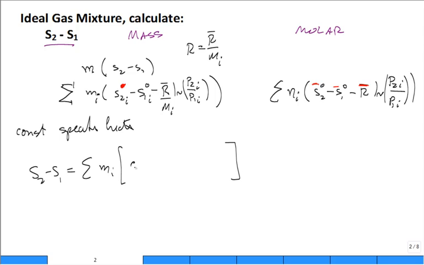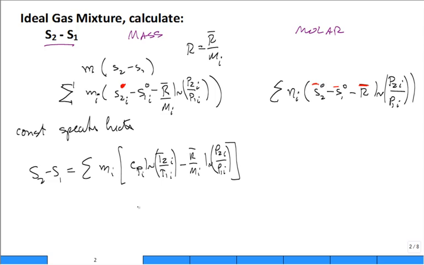Wouldn't that be C sub P natural log of T2 over T1 for the component I? And then minus the R. Well, we've already put it R bar divided by the molar mass of I. Fine, leave it like that. Natural log of P2I divided by P1I.